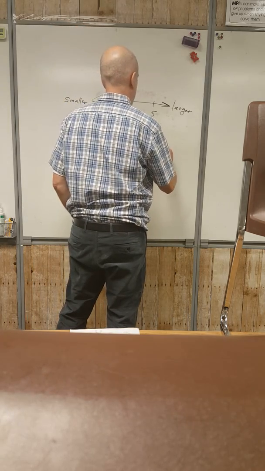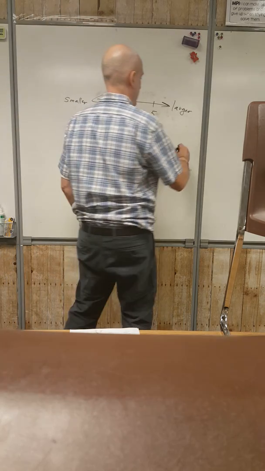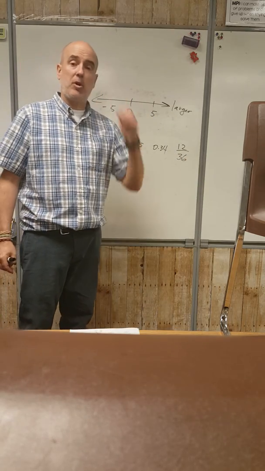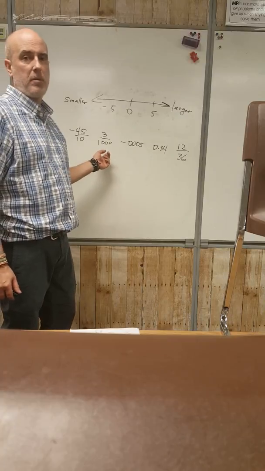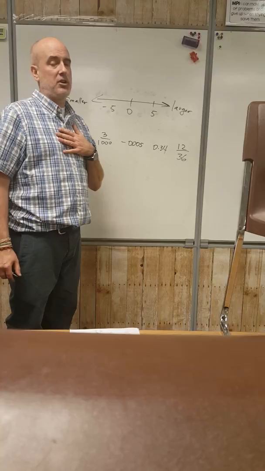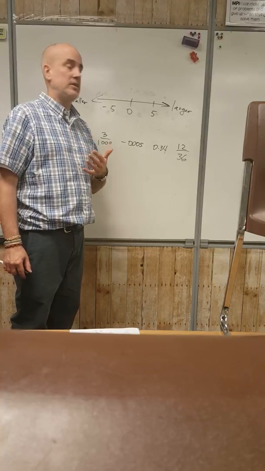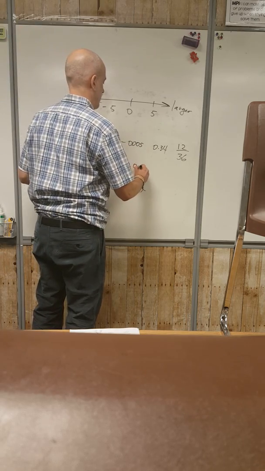We have 34 hundredths, and 12 over 36. And our assignment is to put them in order from smallest to largest. So one of the things we probably want to do is to convert them either all to fractions or all to decimals. I find decimals are easiest to put in order, so I'm going to convert the ones that are not decimals to decimals. This one already is a decimal, so we'll just move this one down here.